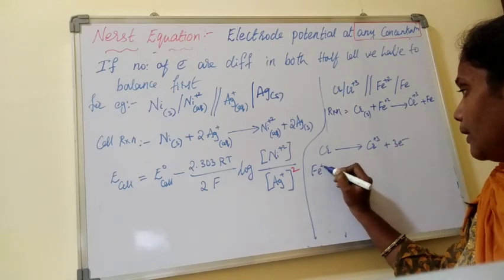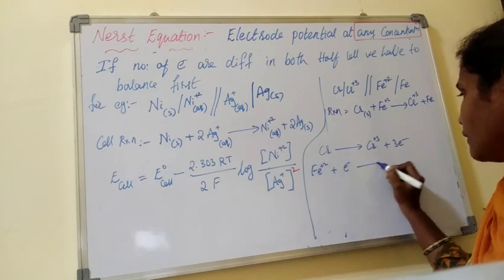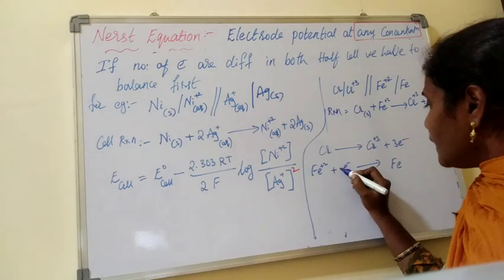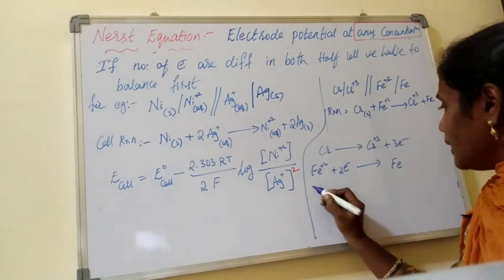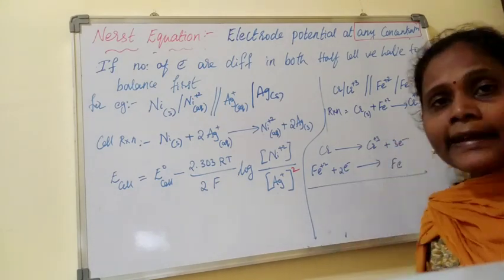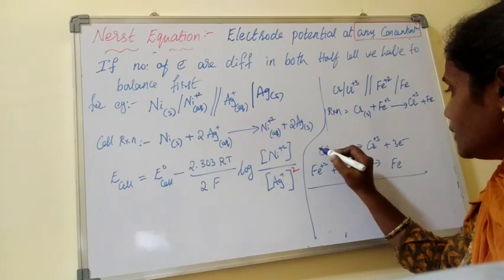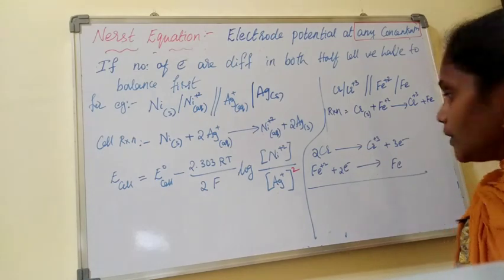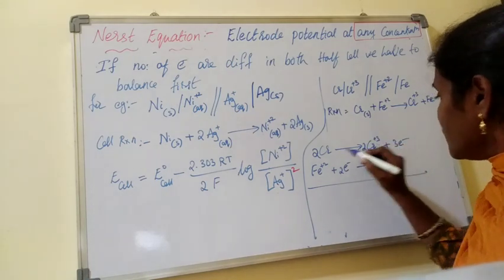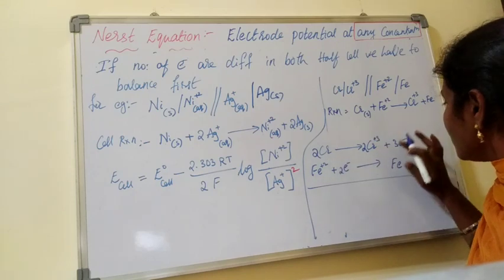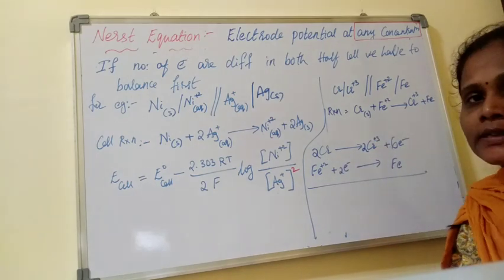Iron takes electrons and converts into iron, right? But if I write 2 electrons, I won't end up with the full net reaction. Therefore, I will write 2 chromium atoms. So 1 chromium atom releases 3 electrons, then 2 chromium atoms release 6 electrons.